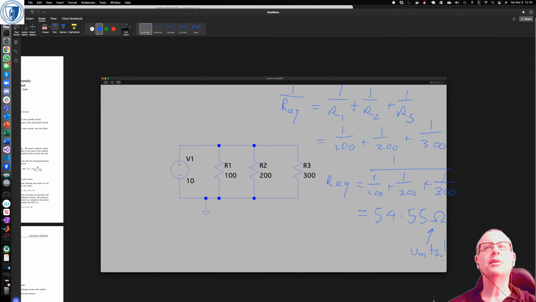Okay, so we've got 10 volts over, so let's call this I total, and let's call each of these I1, I2, and I3. This whole thing up here is a node.